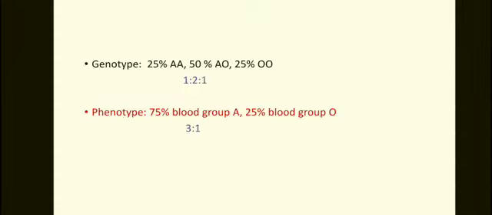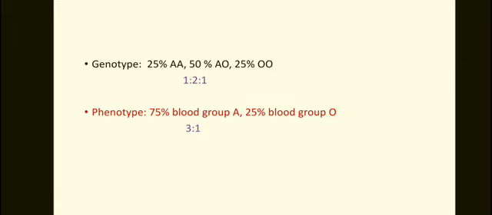That's the phenotype. So you have to understand the difference here. In terms of proportion, ratio, the genotype is 1 to 2 to 1: 1 corresponding to 25, 2 corresponding to 50, and this one here on my far right corresponds to another 25. What is the ratio for the phenotype here? It's 3 to 1.